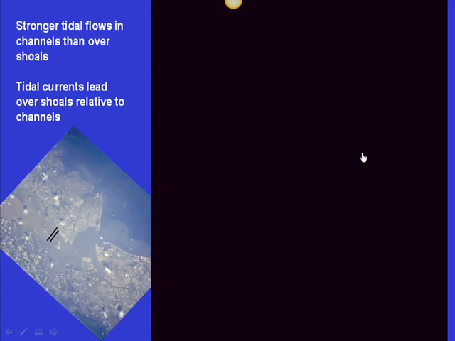So if you compare in one location the red arrows versus the white arrows, you'll see that the red arrows change earlier than the white arrows. And the white arrows are longer also, stronger flows at the surface than at depth. And also over this area of the channel is where you have the strongest tidal flows, the largest arrows over the deeper parts.